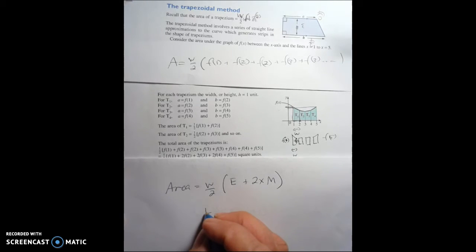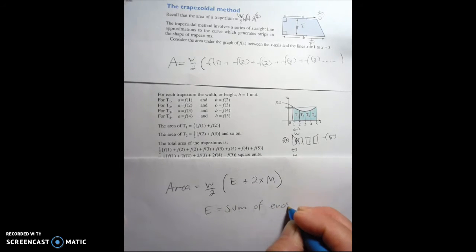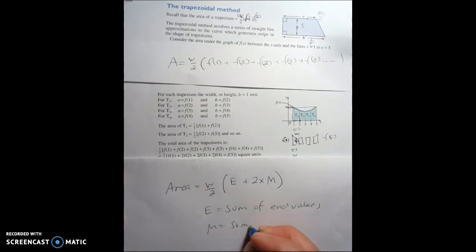So where E equals the sum of our end values, and M is the sum of our middle values.